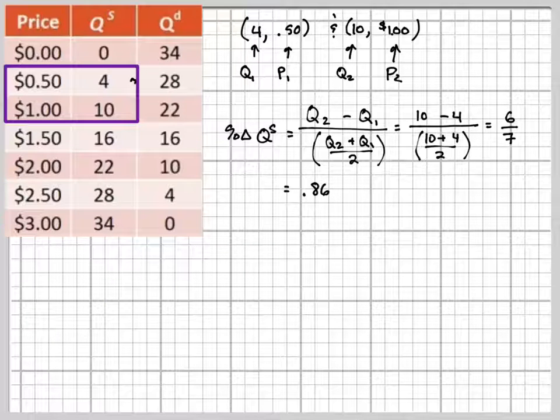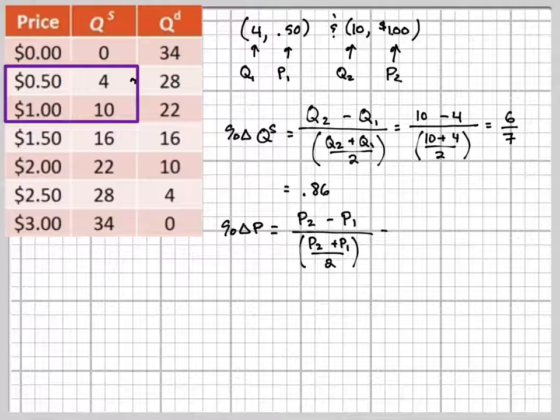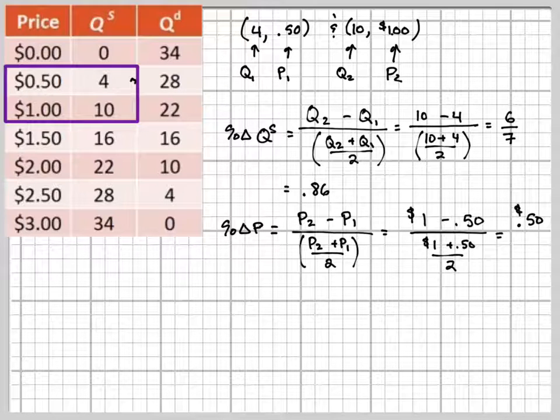The percent change in price is equal to P2 minus P1 over P2 plus P1 over 2, or $1 minus 50 cents over $1 plus 50 cents divided by 2, or 50 cents divided by 75 cents.